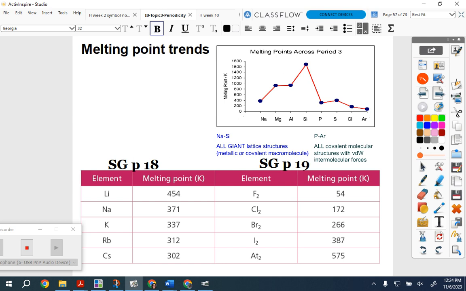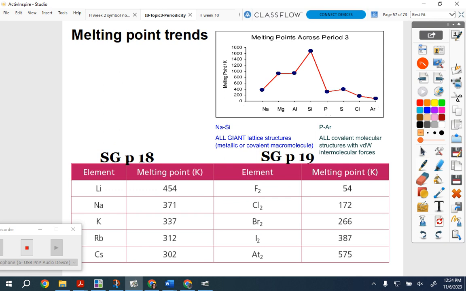Okay? So this trend going across is just, we've got metallic bonds, sorry. We've got metallic bonds holding the atoms together.